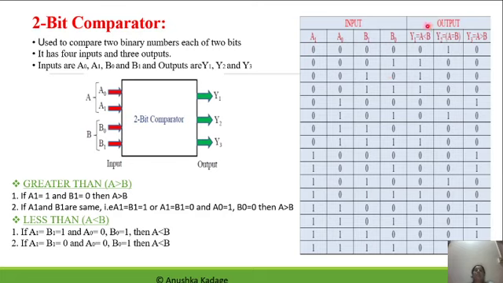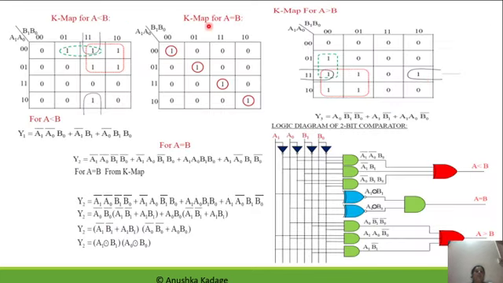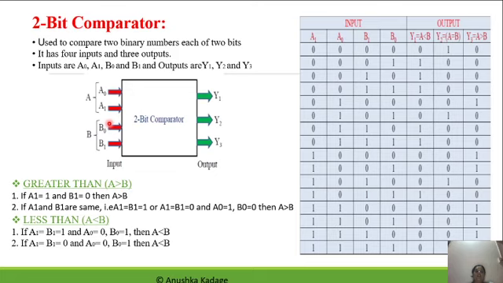So let's start with writing the K-map for A less than B. We present B1 and B0 as the column variables and A1 and A0 as the row variables.